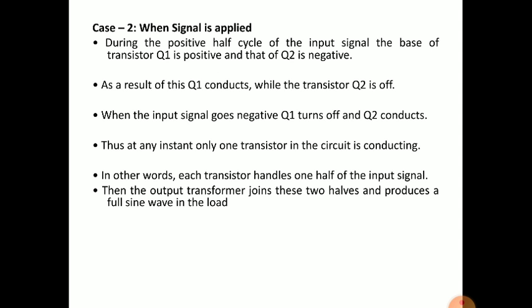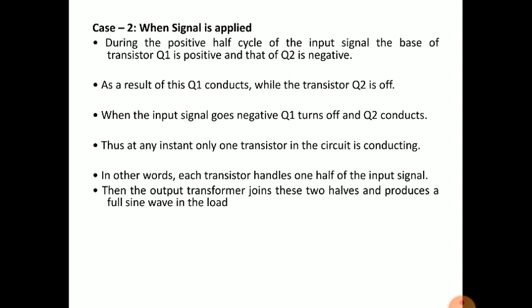As a result, Q1 conducts and transistor Q2 is off. When the input signal is negative, Q1 turns off and Q2 conducts. Thus, at any instant, only one transistor in the circuit is conducting.